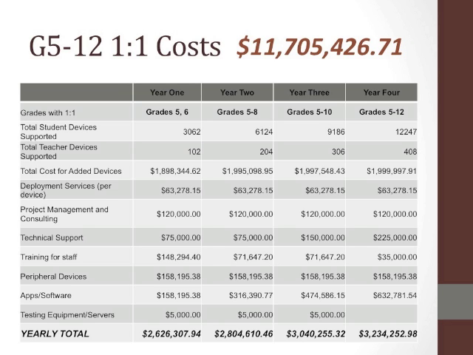So you can see a row there that talks about the total cost for the added devices. Underneath that is a row that talks about deployment services per device. We generally contract deployment services out with a provider who can help us do the heavy lifting, the unpackaging, the initial configuration, and things like that.